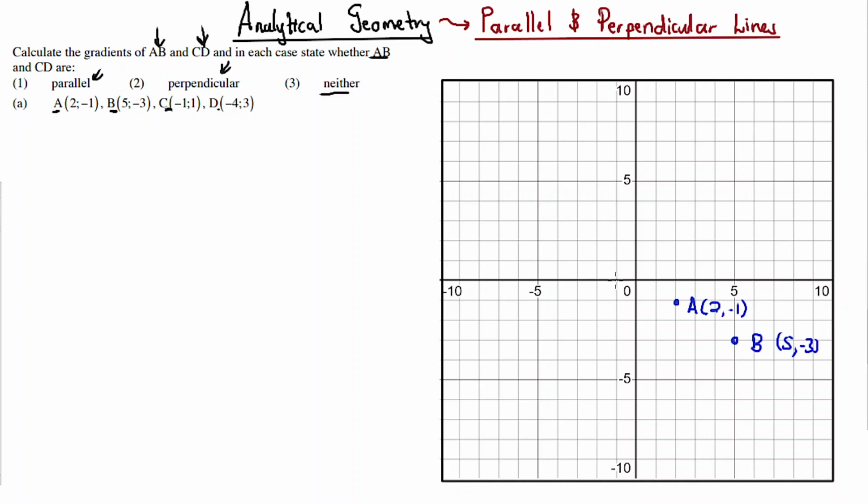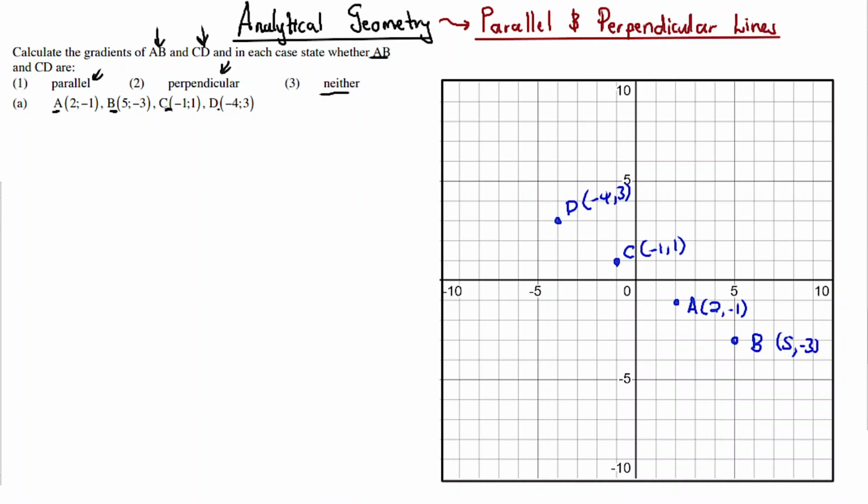Then we also have C, which is -1 and 1. And then D is -4 and 3.